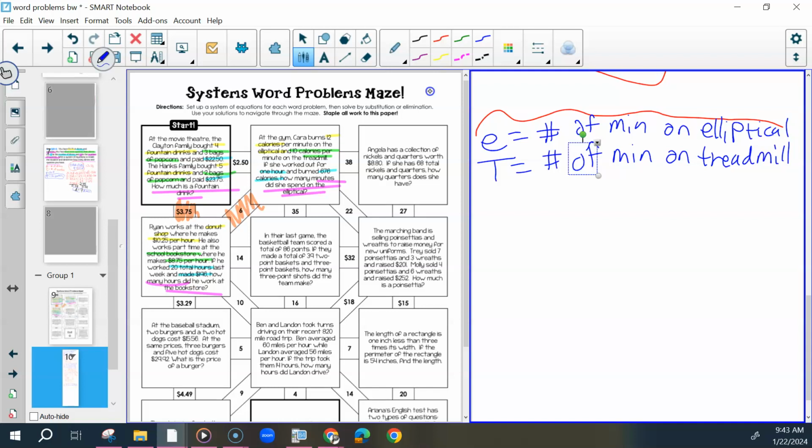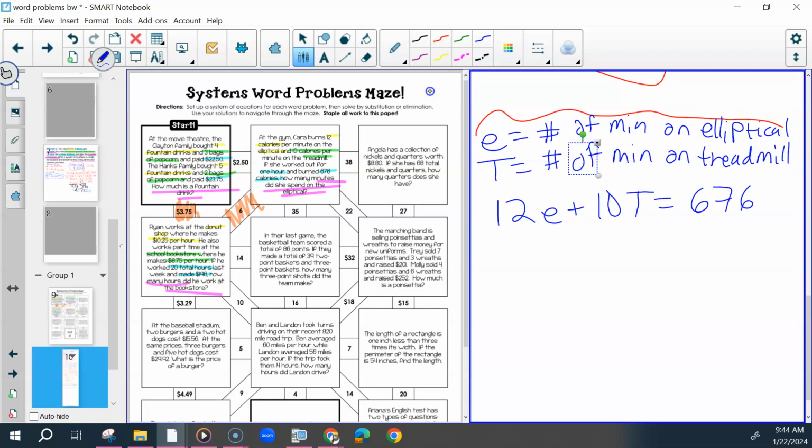Another one where we're given 4 numbers, how would we set these two equations up? Plus, I'm sorry, I mixed it up. 12E plus 10T equals 676. The calories go together.